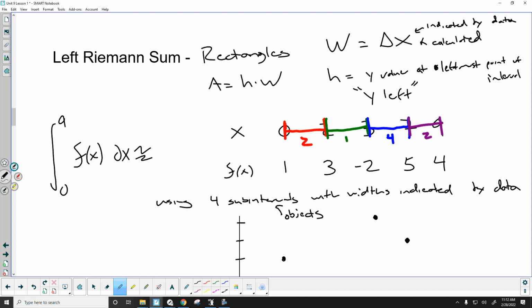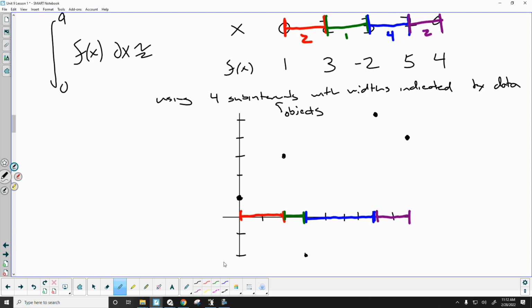So left Riemann sum, that means we're using height of y's on the left. Okay, what does that look like? Well, visually on the graph, I'm using this y coordinate on the leftmost point of this base. I will use that height for that entire base. Or from 0 to 2, the base 2, height of 1.